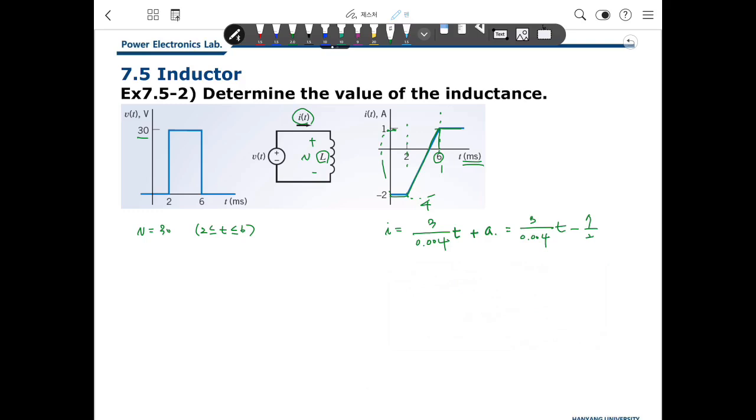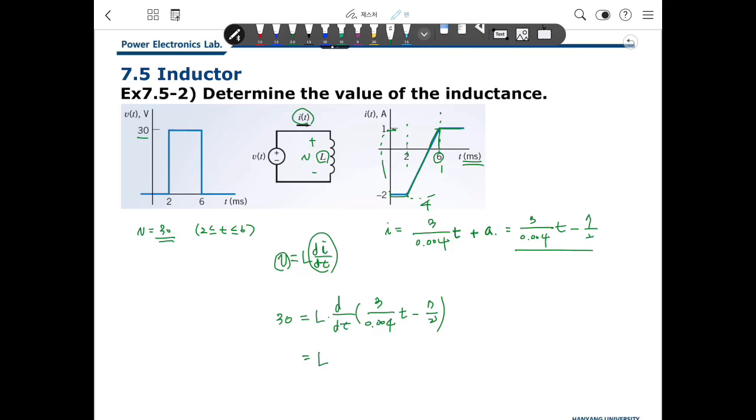Then anyway, actually this is not important here. Why? Because here V is L di/dt. Then what is V? V here is 3. Is L, what is di/dt? di/dt here is 0.004 times 3t minus 7/2.